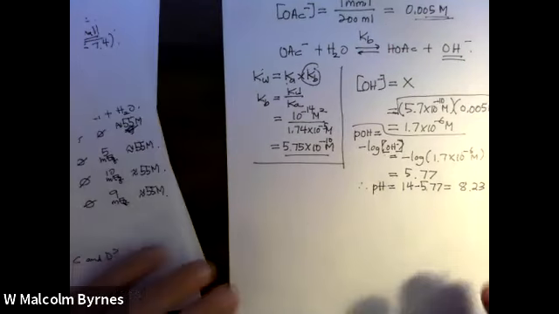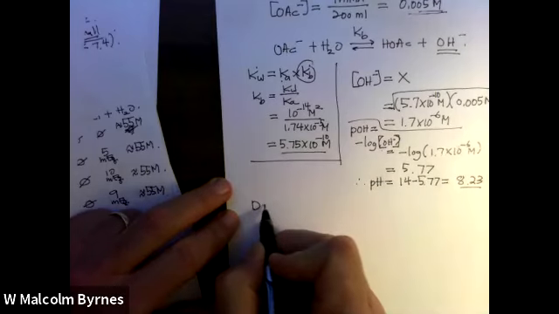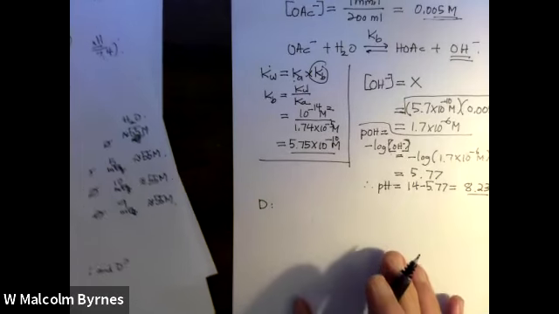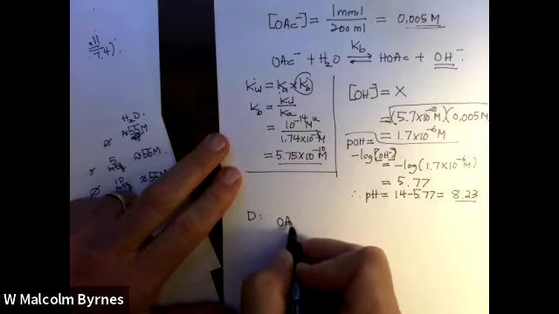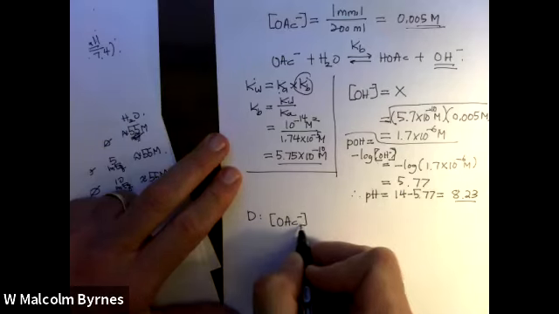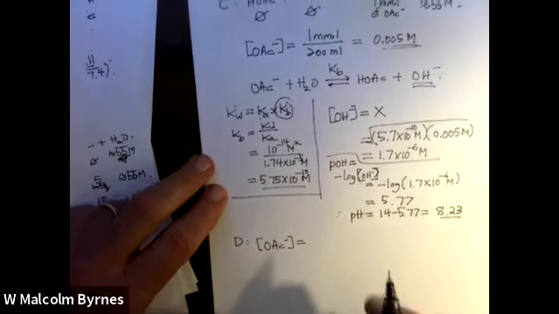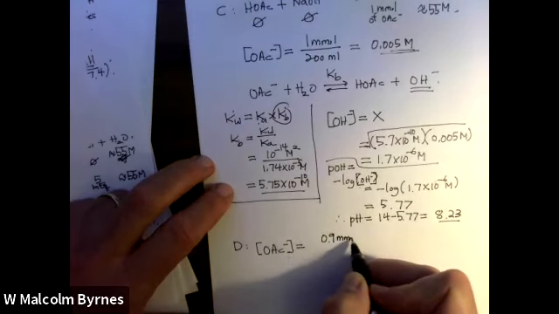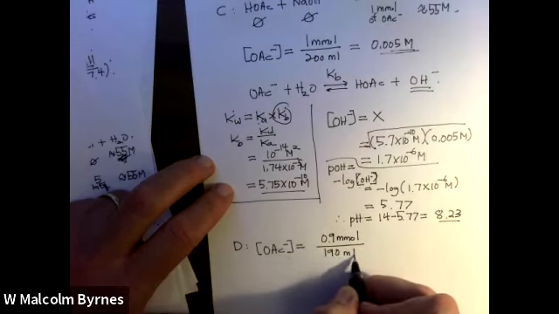And just one more calculation, folks, and that is when you've titrated 90% of that acetic acid. What is the pH? Well, the acetate ion concentration, when you've titrated 90%, is 0.9 millimoles of acetate produced, divided by 190 milliliters.